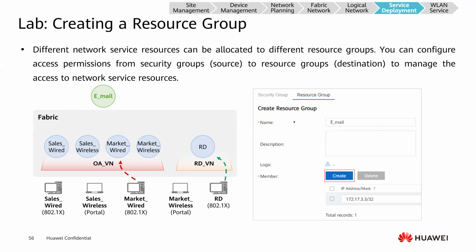And then you need to create the resource group for the email and for the DHCP. And because the resource group is just like a static security group, you need to bind the service IP address one by one for the resource group.